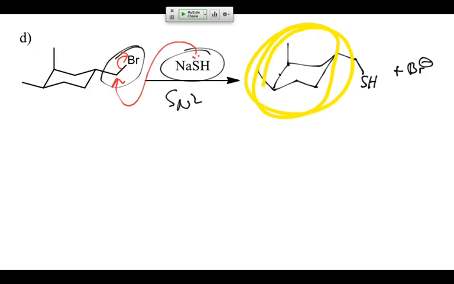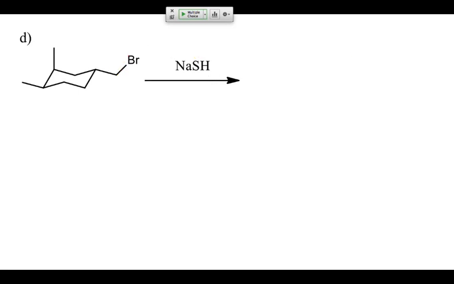Even if it had chirality, you would just leave it alone, because the SH minus is just attacking the CH2Br group. You see what I mean? The carbon here is not a chiral center, so it doesn't matter whether it's backside or front side attack. The rest of the molecule we leave alone, right? Make sense? Okay? So, next one.